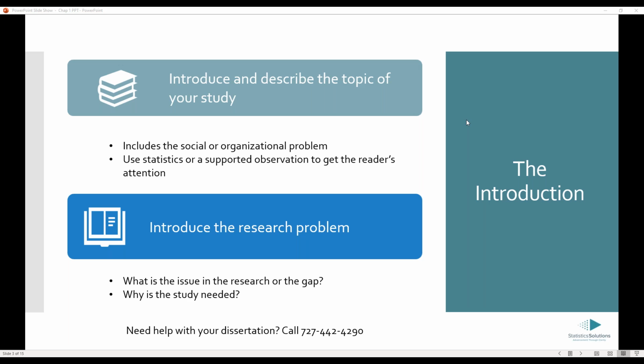Because of attrition, they're leaving the profession at a surprising rate. You bring that up, you support that with some kind of statistic or observation, and then the research problem would be the things that we don't know in the research about the retention of special education teachers. Is there something missing in the research? Are there things that we still need to know? That would be the research problem. Slightly different, but related to the actual organizational problem.